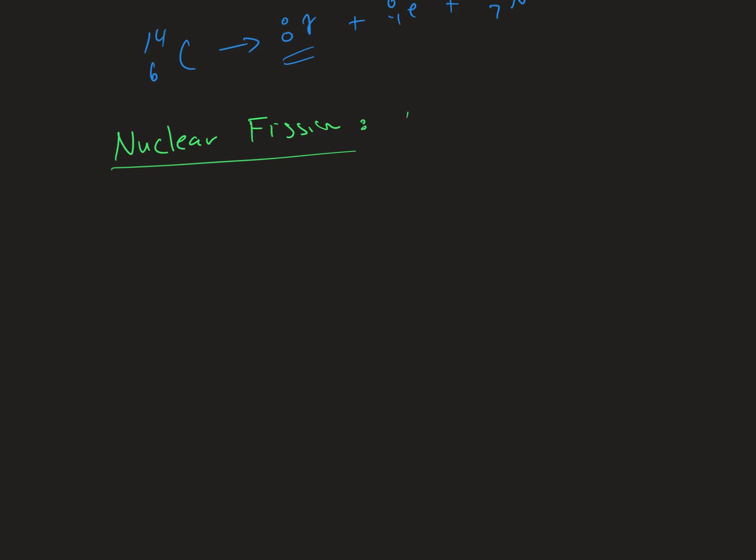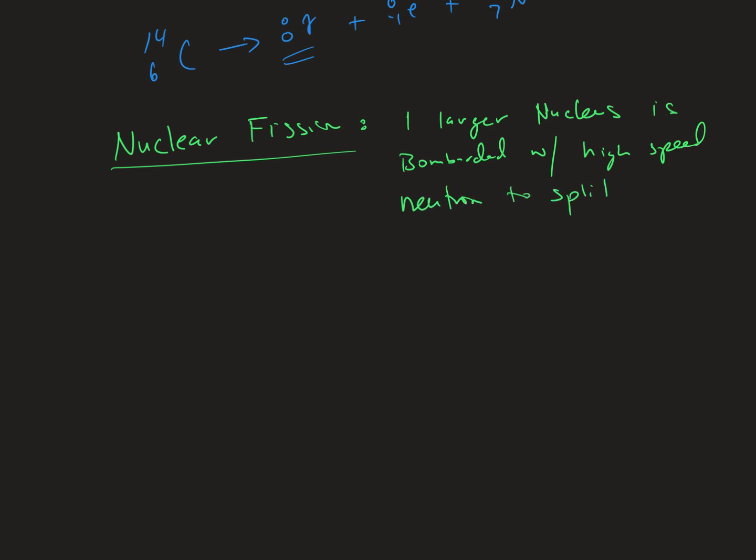So when one larger nucleus is bombarded with high-speed neutrons, it splits into two smaller nuclei.